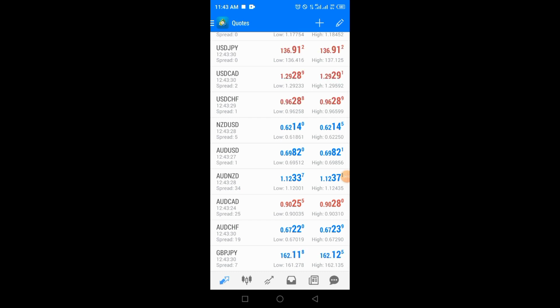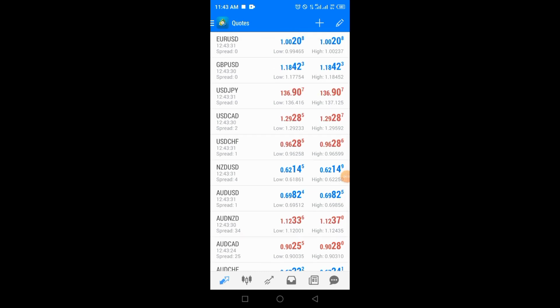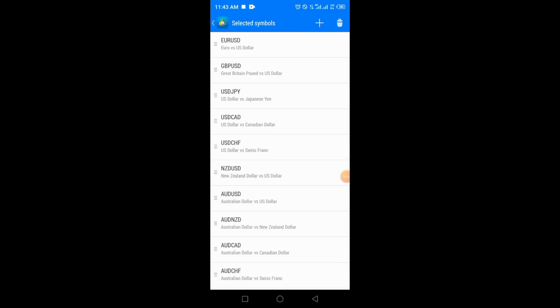If you want to remove a currency pair from the quote feature, maybe you don't want to trade that currency pair again for some reason, you can actually remove it. All you need to do is to tap on this pencil icon right here. Once you tap on the pencil icon, you are going to see the delete icon like this. Once you tap on that delete icon, you can mark the currency pair that you want to remove.